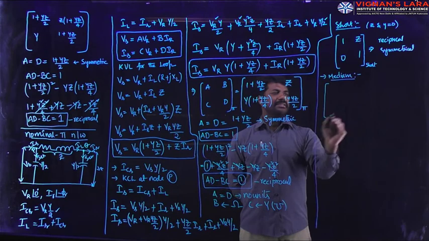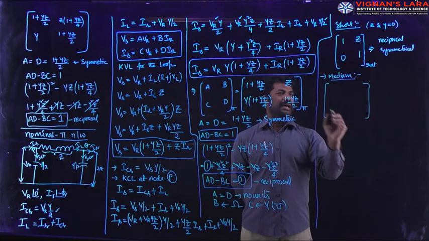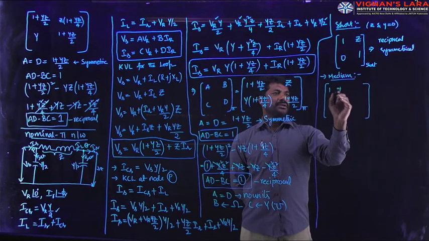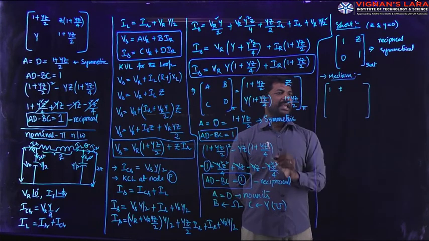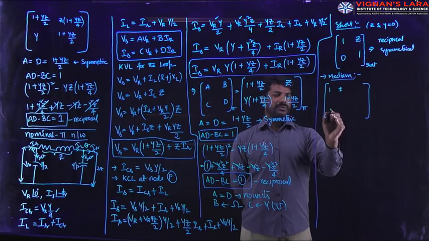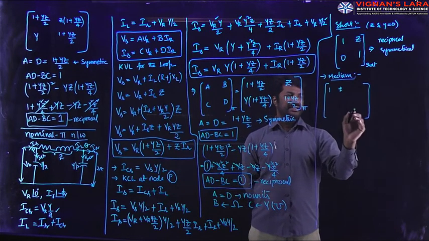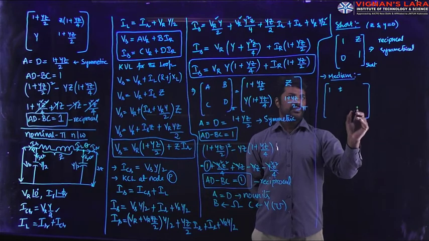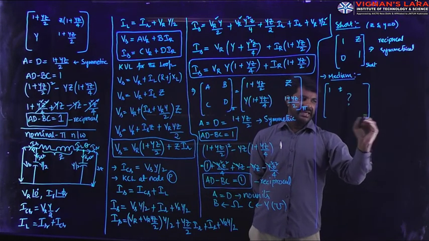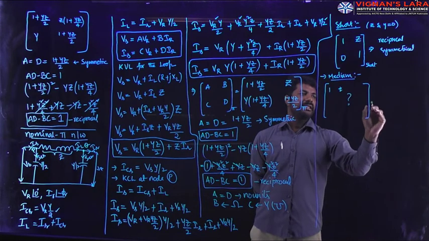In the end condenser method, the constant A is equal to 1 plus YZ by 2, B is equal to Z, C is equal to Y, and D is equal to 1. Like that, the medium transmission line is there with the end condenser method, rarely used.